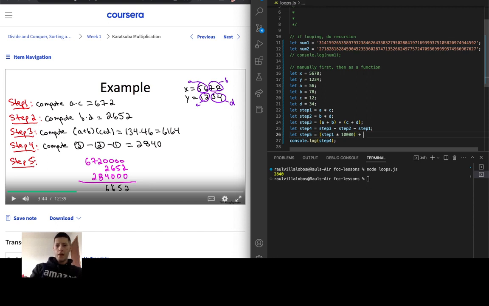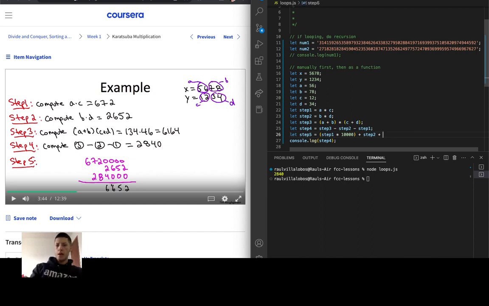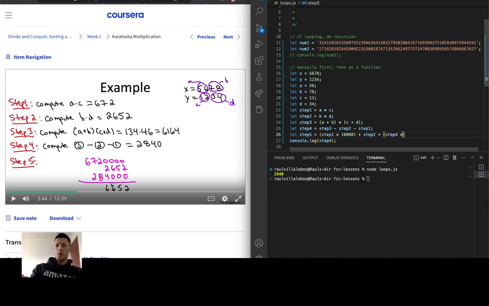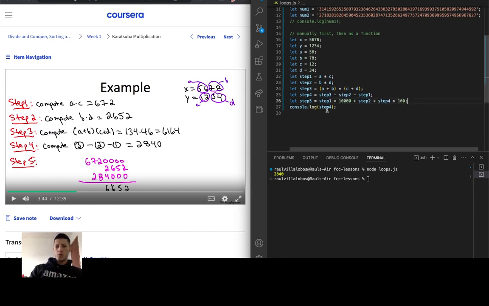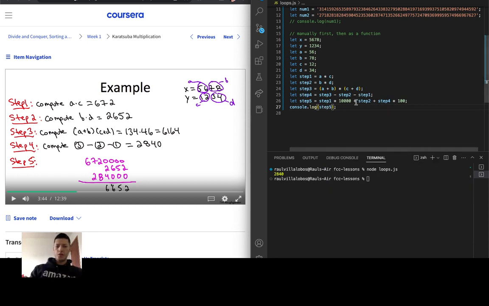And then I'm gonna add that times step 2. And then I'm gonna add this one, step 4, padded with 2 zeros, so multiply that by 100. Step 5 should be, I think it was like 700,000. Or 7 million.